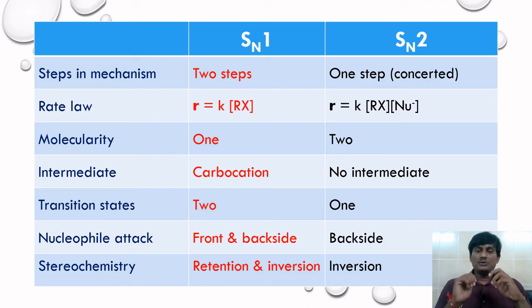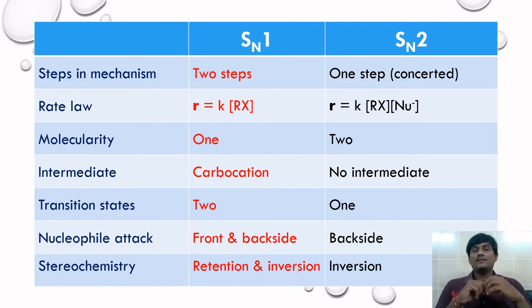In the case of SN2, rate is equal to rate constant into alkyl halide concentration and also nucleophile concentration. Here the molecularity is 1. In the case of SN2, the molecularity is 2. In SN1 you can find a carbocation intermediate. In SN2 there is no intermediate.